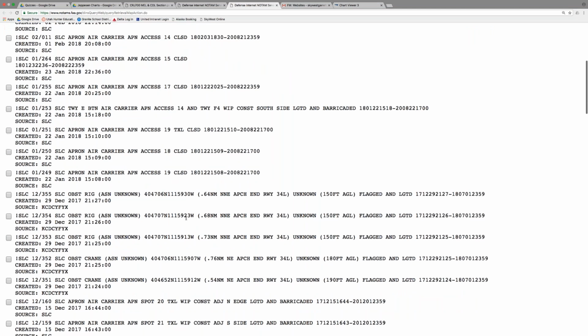NOTAMs are pretty easy to read and understand. They're kind of intuitive. The only part that's hard to understand, if you don't know what you're looking at, would be the timestamp, really. For the most part, though, NOTAMs aren't too bad.